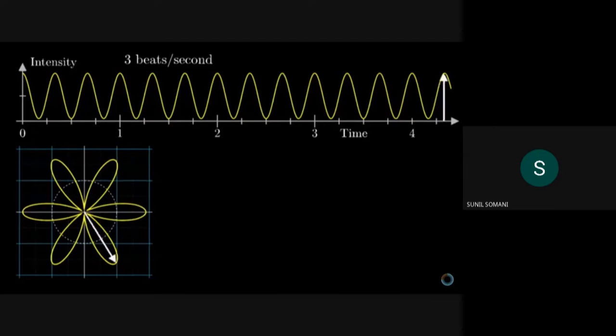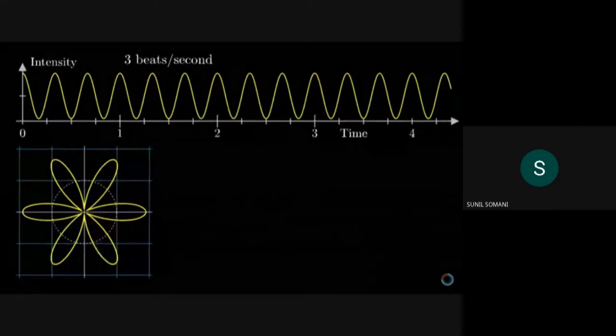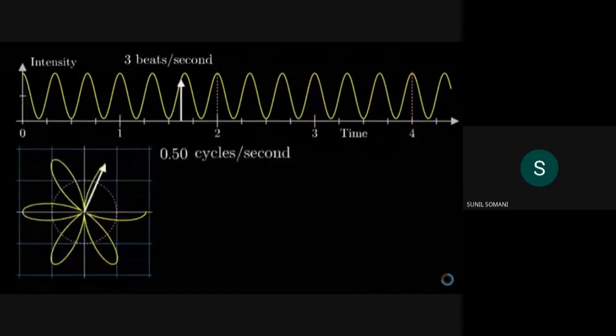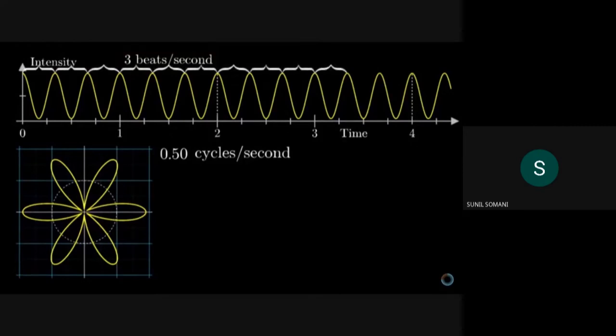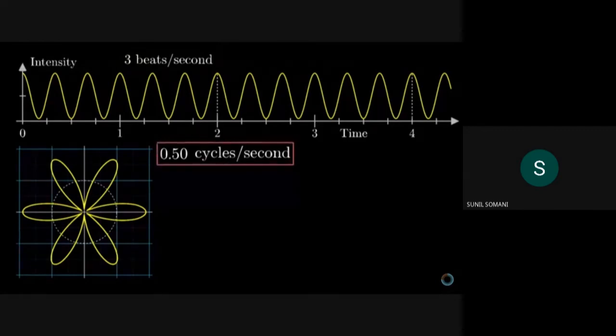And right now, I'm drawing it in such a way that moving forward 2 seconds in time corresponds to a single rotation around the circle. Our little vector drawing this wound-up graph is rotating at half a cycle per second. So this is important. There are 2 different frequencies at play here. There's the frequency of our signal, which goes up and down 3 times per second. And then, separately, there's the frequency with which we're wrapping the graph around the circle, which at the moment is half of a rotation per second.